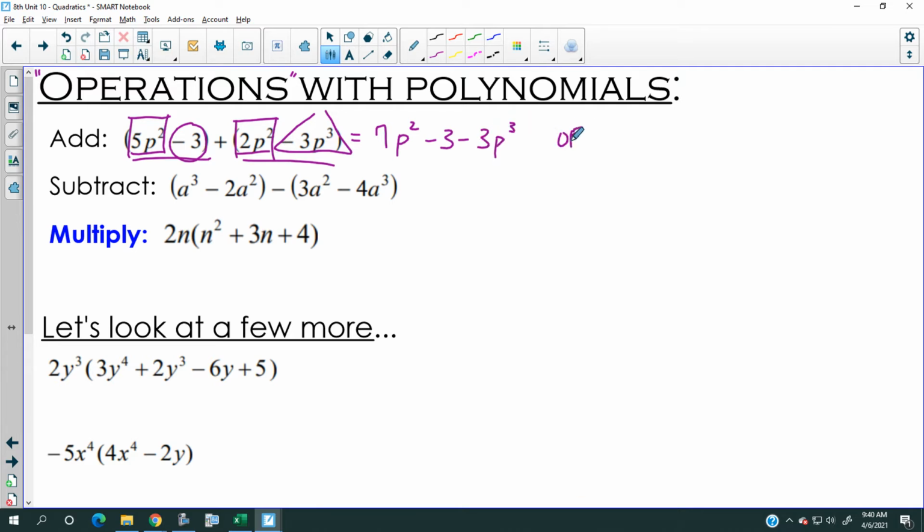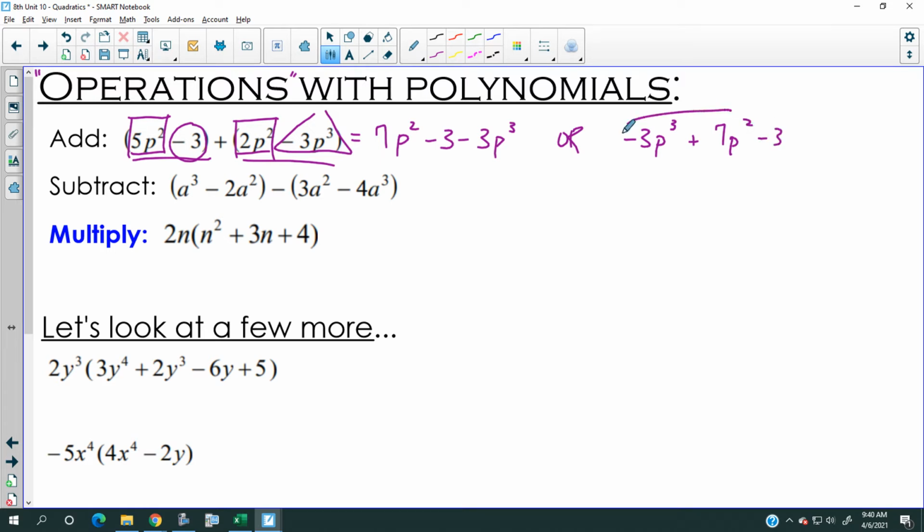Now, since you know what the standard form is like, take a moment and write this in standard form and see what that will look like. Try that right now if you want to. The largest degree comes first, so that makes this the leading term, negative 3p to the third, plus 7p squared minus 3.